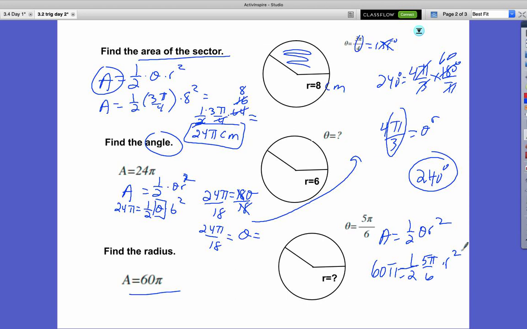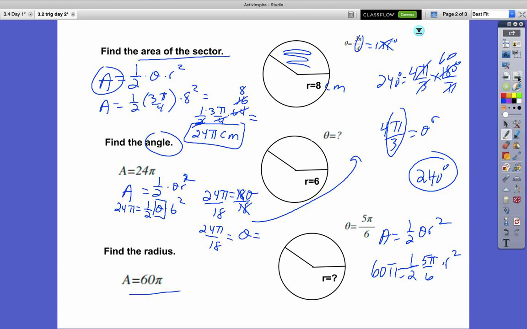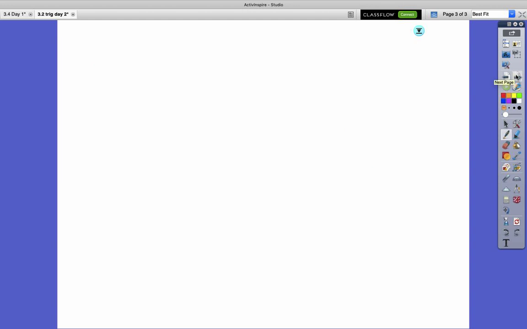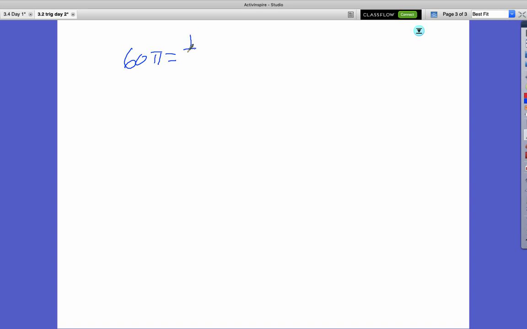I'm going to just flip it over to another page here. I'll rewrite it. So again, we have 60 pi equal to 1/2 r squared 5 pi over 6. So I'm going to try to simplify this. So if you multiply, the numerator is 5 pi r squared over 12.